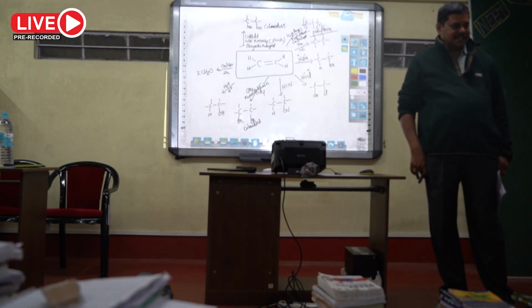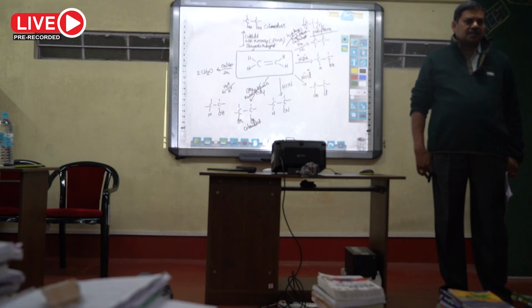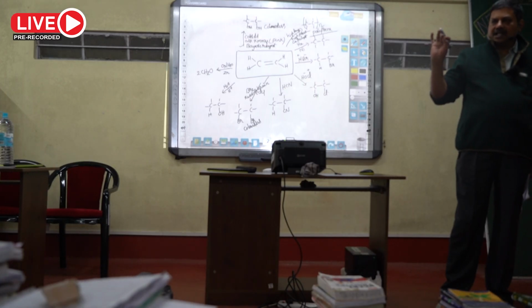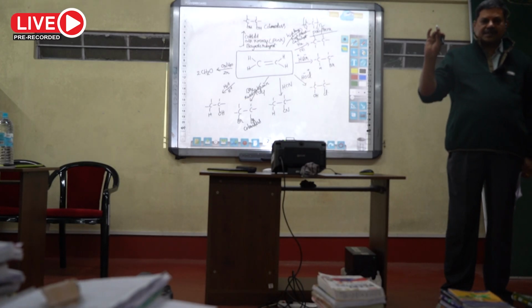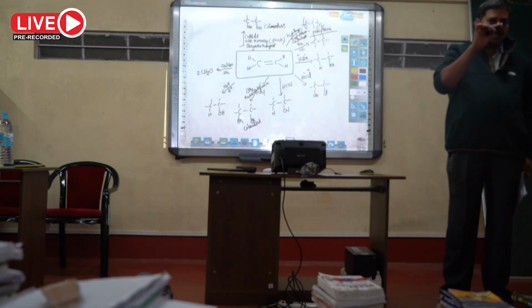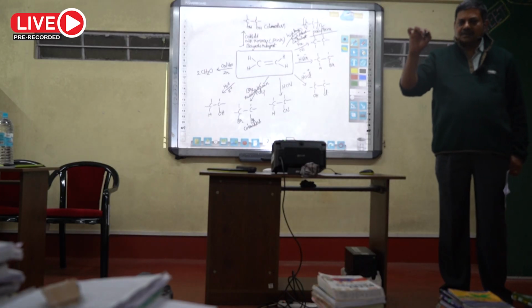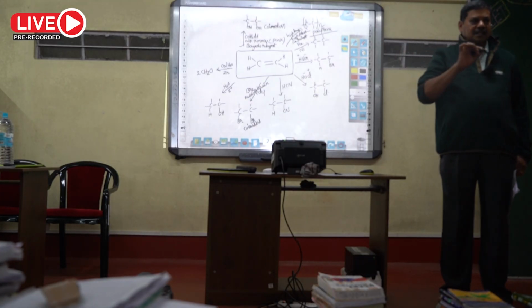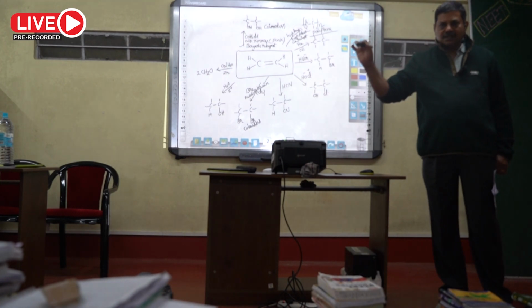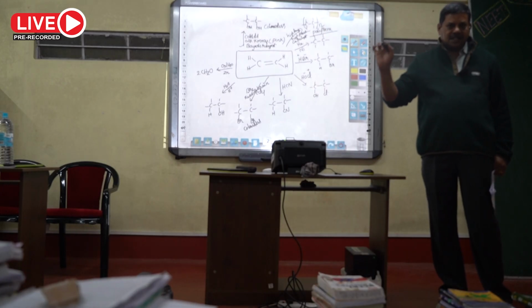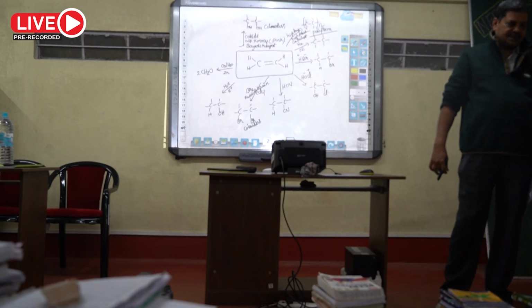Benzene undergoes EAS, electrophilic aromatic substitution. So in the 11th portion, organic chemistry, you have hydrocarbons: alkanes, alkenes, alkynes, benzene. 4 types of hydrocarbons are there. Your job is done.